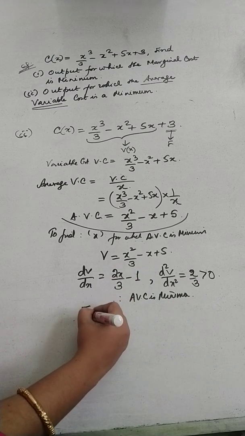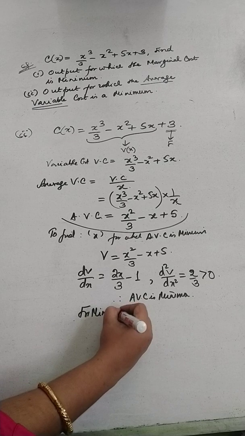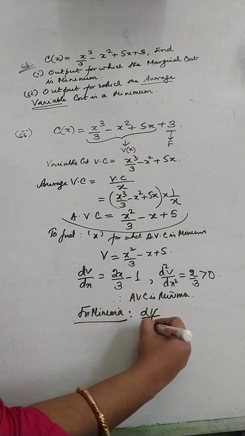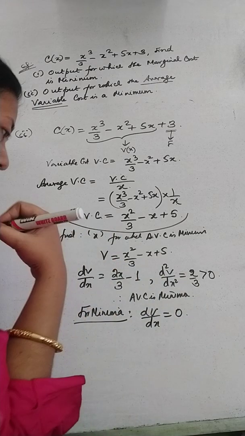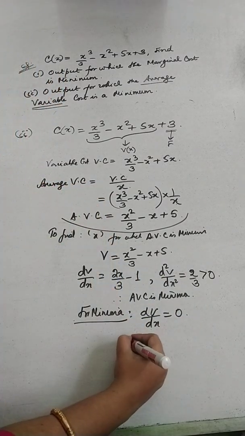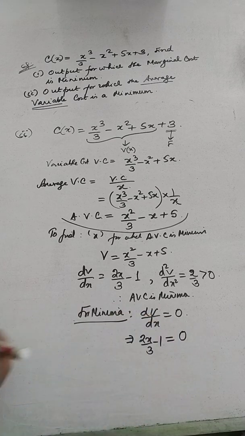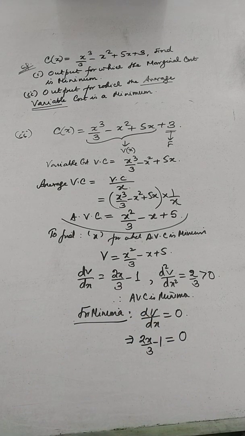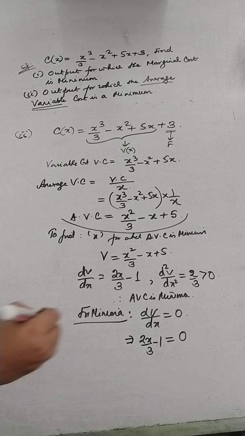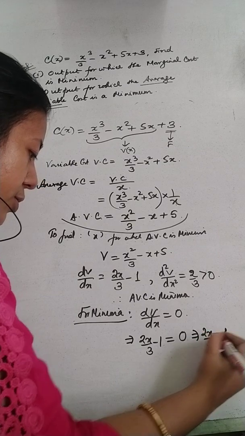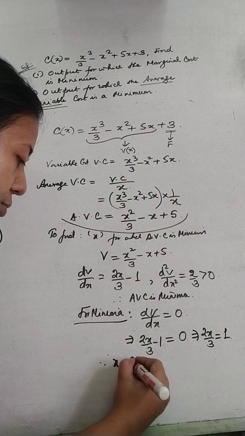And what is the value of x for minima? For minima, the condition is that the first derivative should be equal to 0. In other words, 2x by 3 minus 1 should be equal to 0. From here you get 2x by 3 is equal to 1. So what is your x? x is equal to 3 by 2.